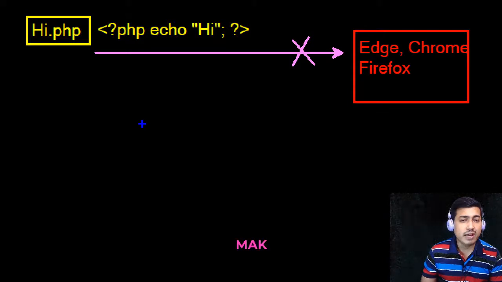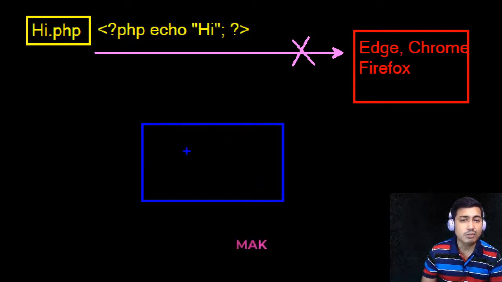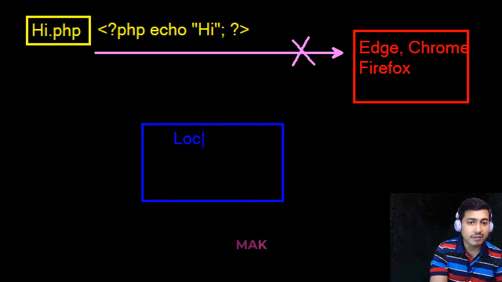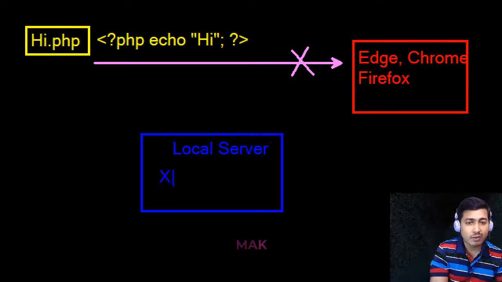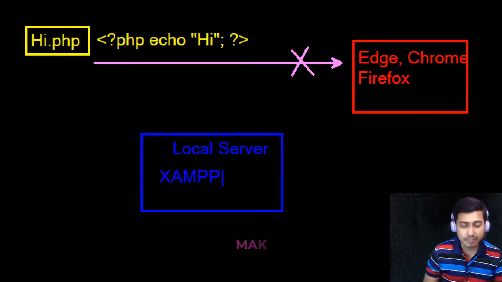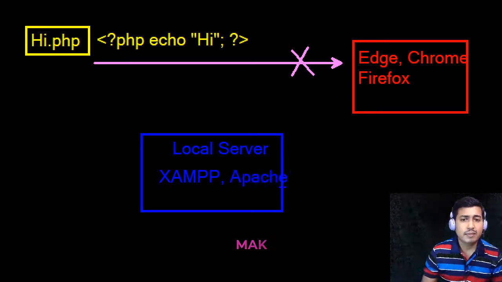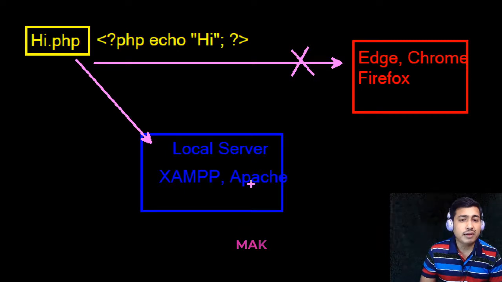Think about we have a local server, XAMPP, which means Apache. Within the XAMPP package we have the Apache server, MariaDB or MySQL, PHP and Perl. Whenever you send a PHP file to an Apache server, the Apache server is designed to handle .php files.